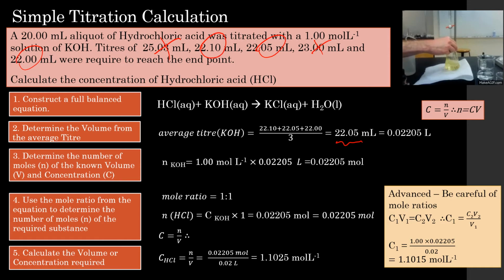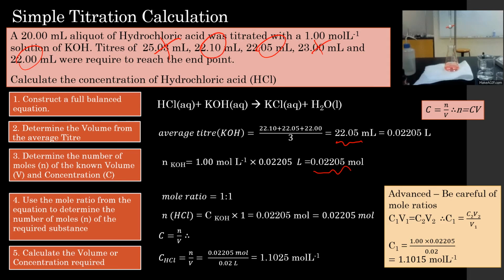So now we know a concentration and we know the volume. So we can work out, using C equals n on V, the number of moles of potassium hydroxide being dropped. And so that's going to be 0.02205 moles. Now the mole ratio is 1 to 1.